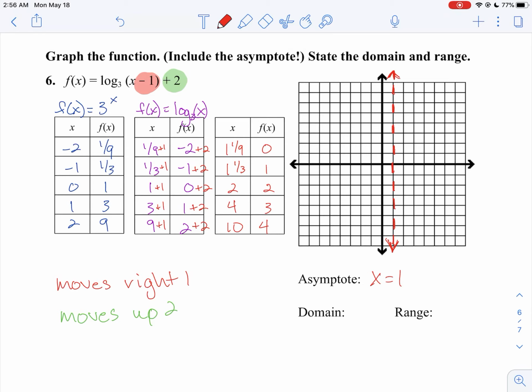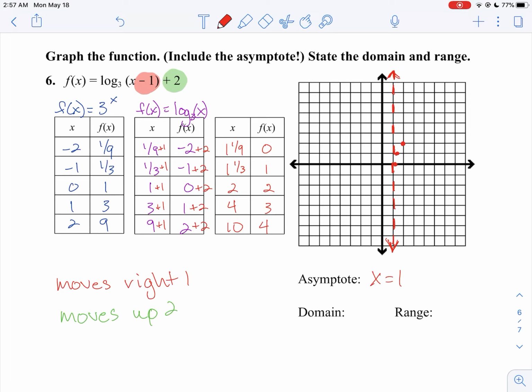Okay, so if I start with that point that is at 1 1/9, 0, I would be about right there. 1 1/3, 1 would be maybe about right here. 2, 2, oh, that's a nice easy point to plot. 4, 3.